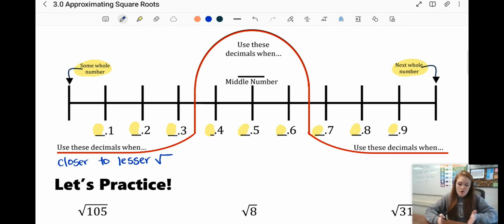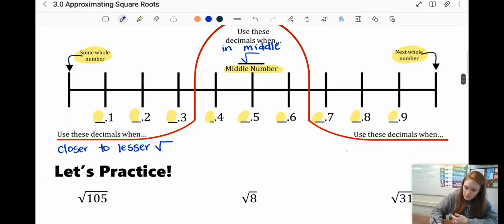Okay? 0.4, 0.5, 0.6 will be acceptable decimals when in the middle. Okay? And we will label here this middle number. We'll label that the middle square root, really. So this will be some sort of square root that we label as the middle. And finally, the 0.7, the 0.8, and the 0.9, those decimals we will use when we are closer to the greater square root.